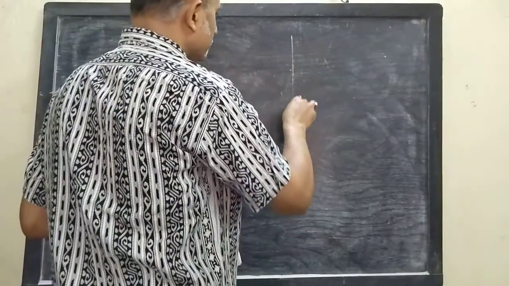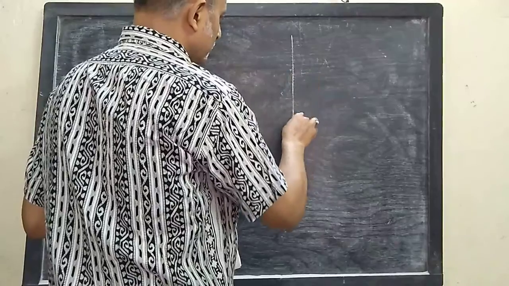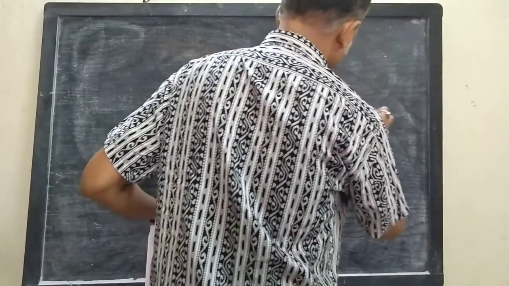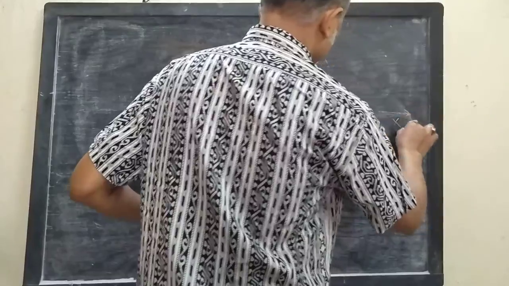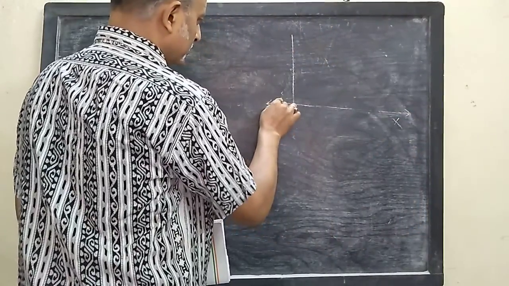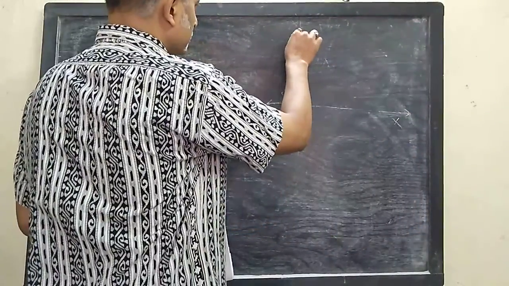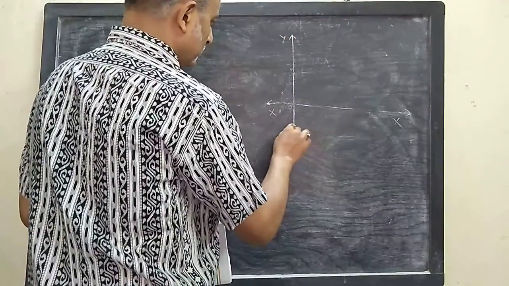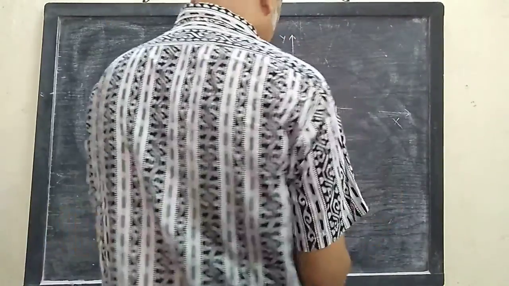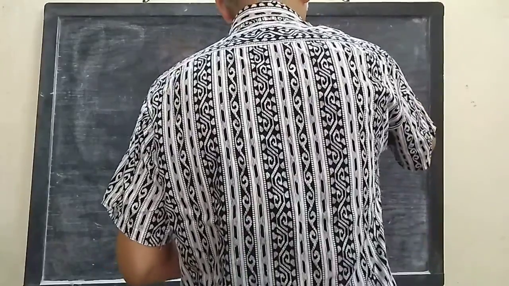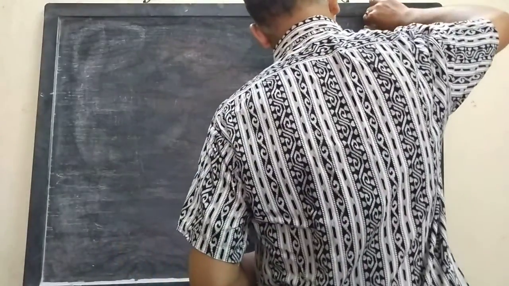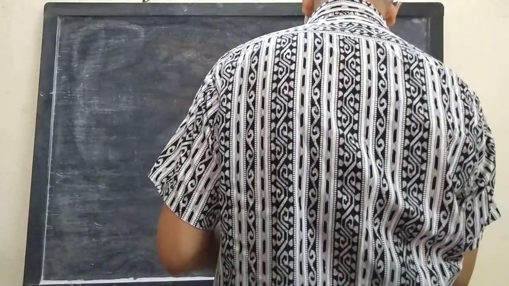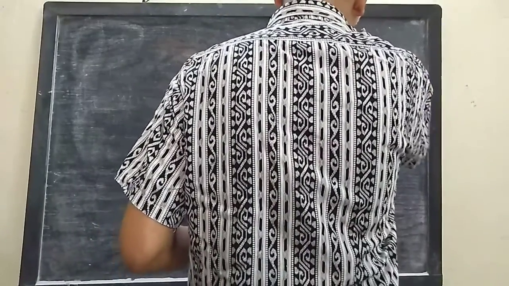So these are our coordinate axes. This is one curve. And this is another curve.